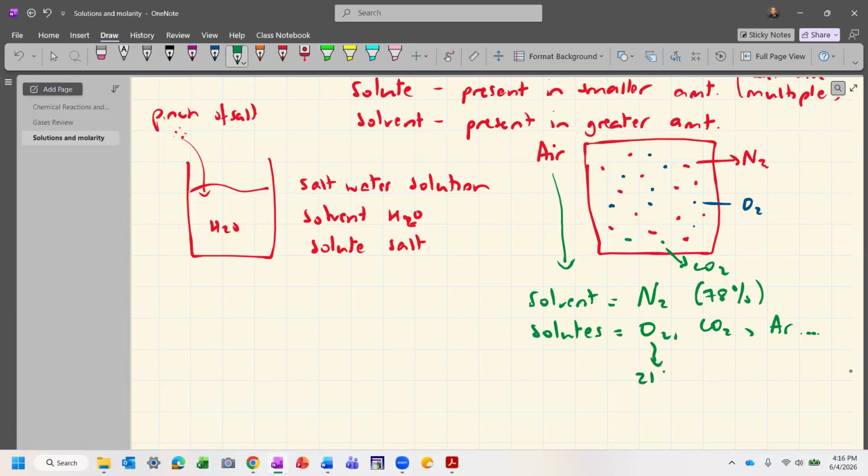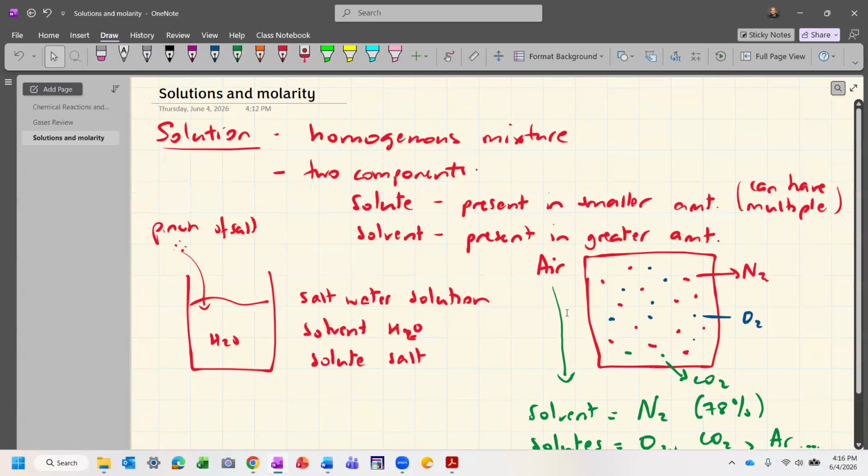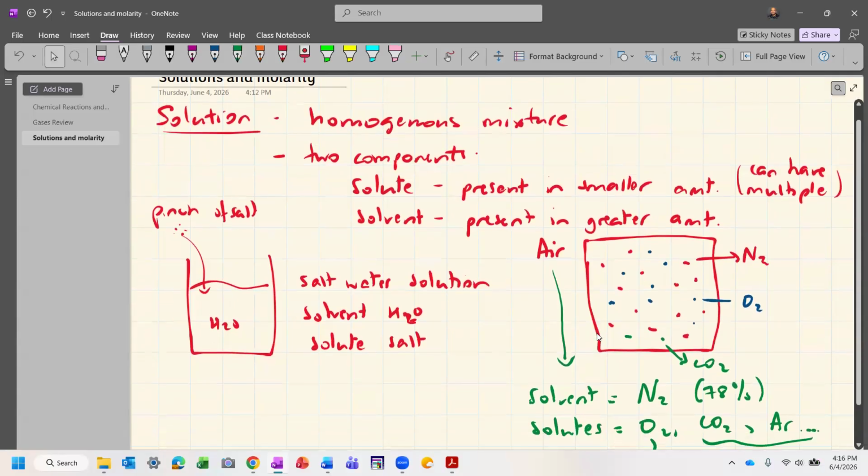Oxygen is about 21%, and then the remaining is about 1%. But obviously, the solvent present in greatest amount is the nitrogen. So my point there is solutions can actually be in multiple different physical states. It doesn't have to be a liquid like we normally think of for a solution. It can be in the gas phase as well.